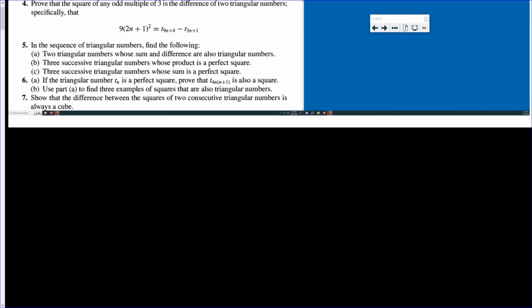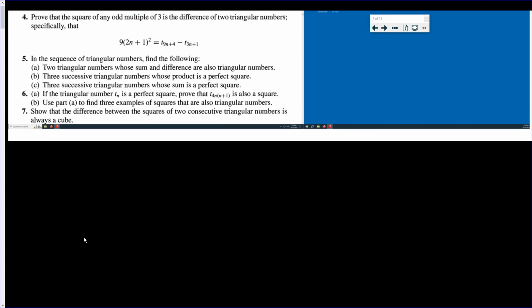In this video, we're going to prove a number of facts about triangular numbers. The first one, number 4, in front of us, says prove that the square of any odd multiple of 3. Well, here's an odd number, and I'm multiplying it by 3.